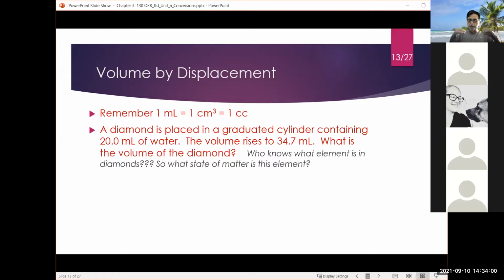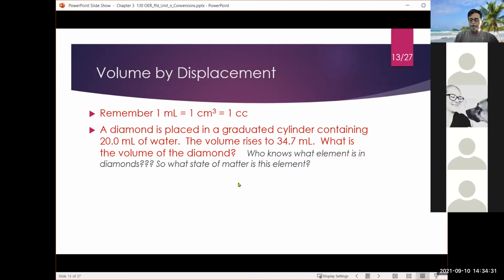If you have a means to measure the volume to begin with, you jump in, the volume goes up, you're completely immersed, and you get that measurement afterwards. That difference is the volume that you displace. Refresh your memory, 1 milliliter is equal to 1 cc. Most of the time, the density is given in units of milliliters, but be aware it could be cubic centimeters or written as cc.